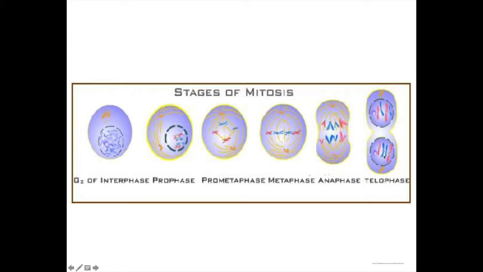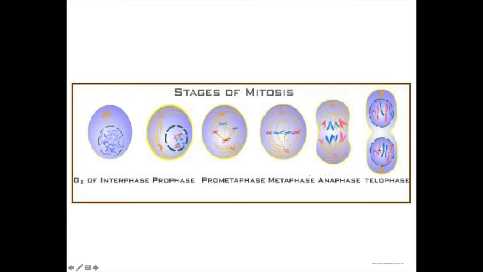These 4 new chromosomes basically migrate to the poles and are going to be clustered at these poles. At the poles, the nuclear membrane is going to start to form around these new chromosomes so that 2 new cells start to form.